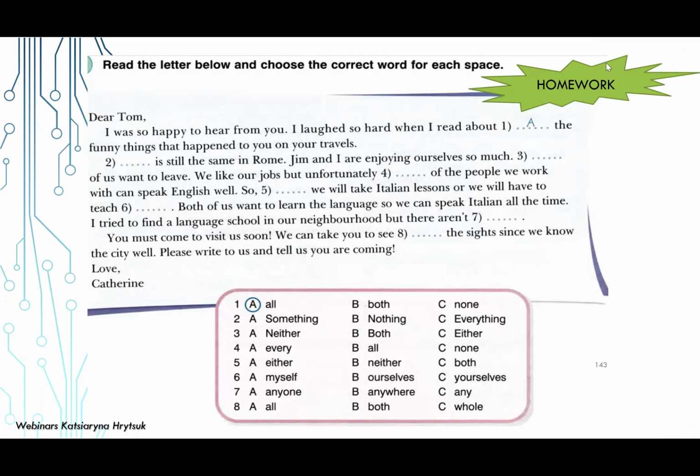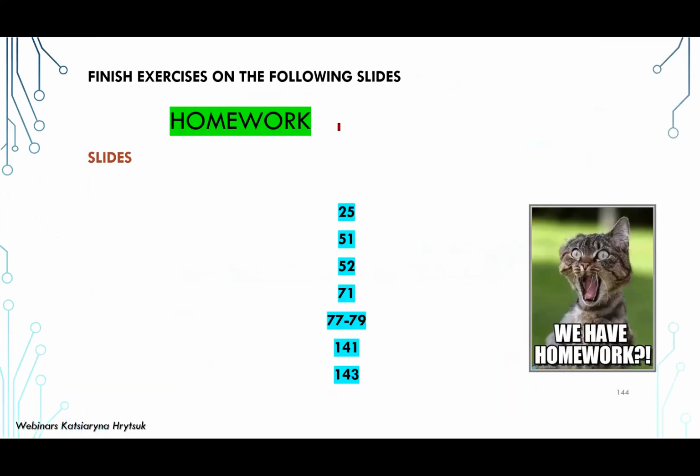You will have all, neither, every, reflexive pronouns, myself, ourselves, both, whole, in the text. This I took from Roundup 5. Quite a good text. Okay, so this is your homework.